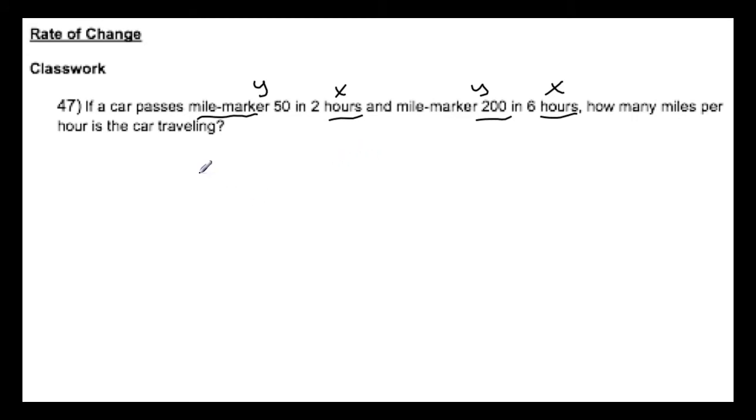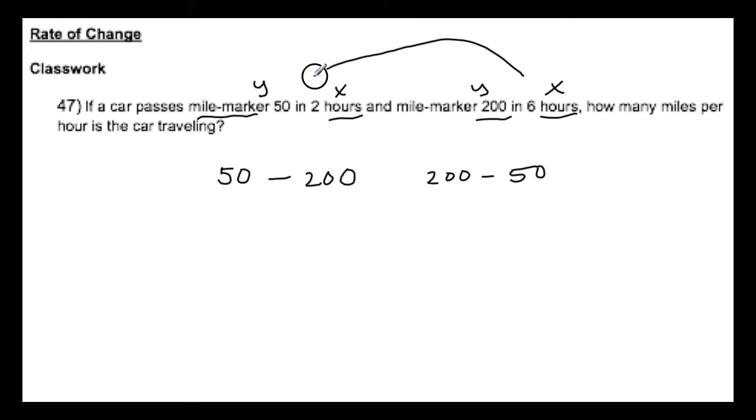So first, let's just figure out our rate of change. Well, we know we're at mile marker 50, and we're going to mile marker 200. So we have to find the difference between them. If you want to write it as 200 minus 50 and go in this order, that's fine. Then you have to do the same thing with the x's.